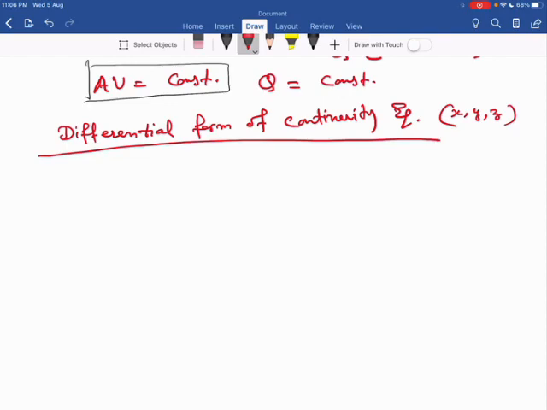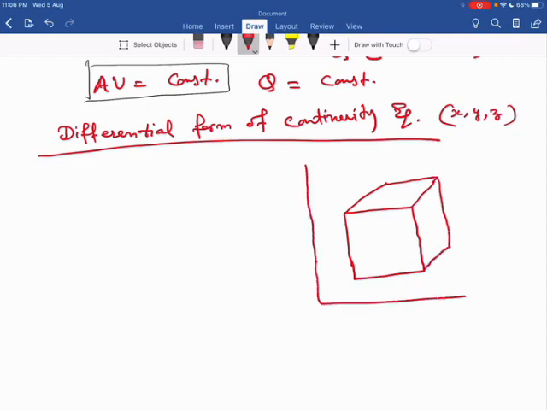So for this we consider a block type element. Now say we have this block type fluid element. We have three axes. So this is x-axis, this is y-axis, and this is z-axis.